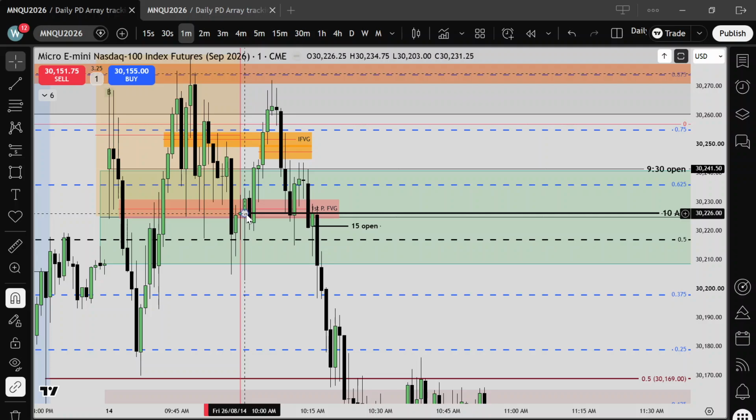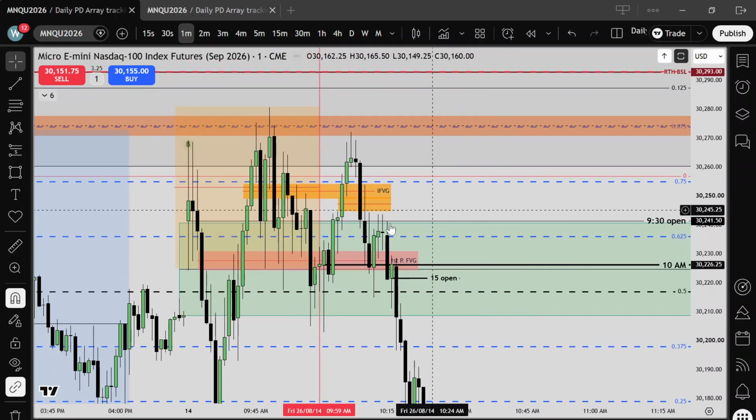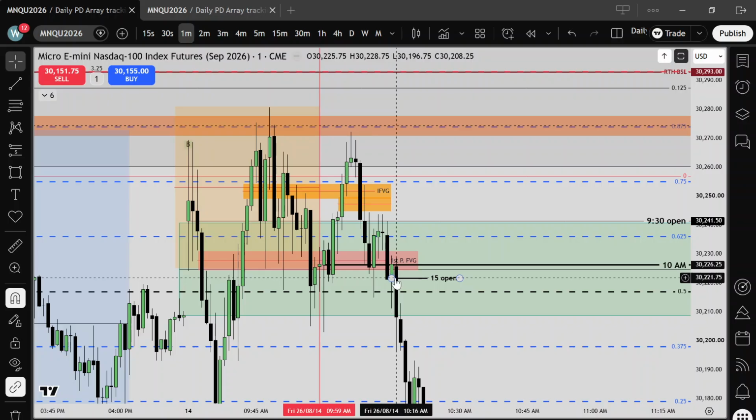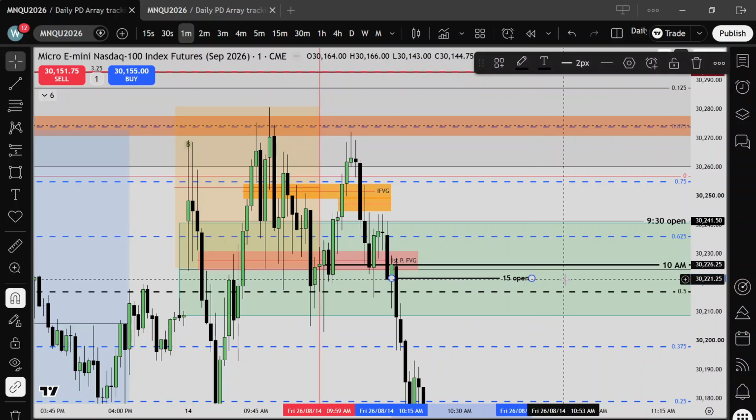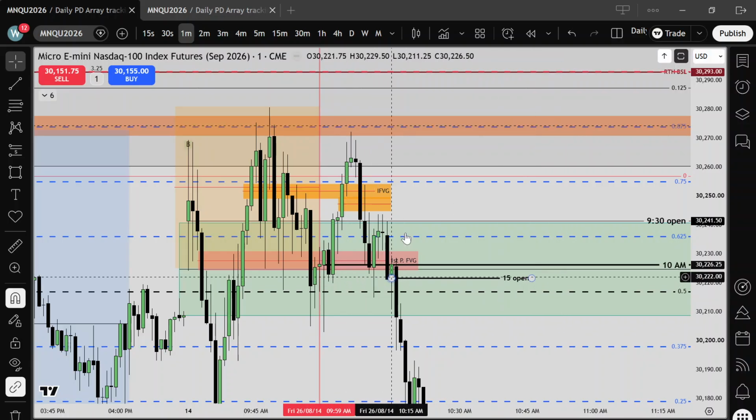Here's where the candle opened, here's where it closed. So you have a down close candle. So anything above this price right here at 10:15, boom, market opens, trades up, down.